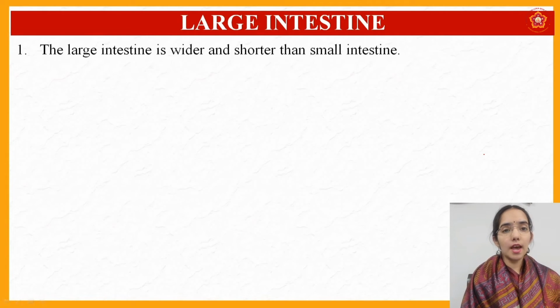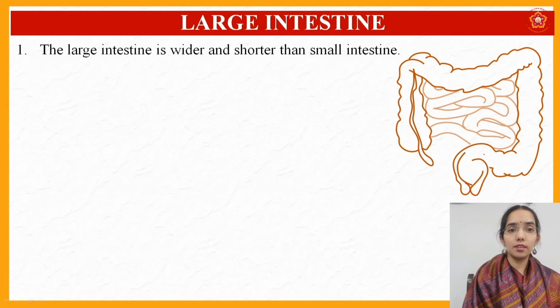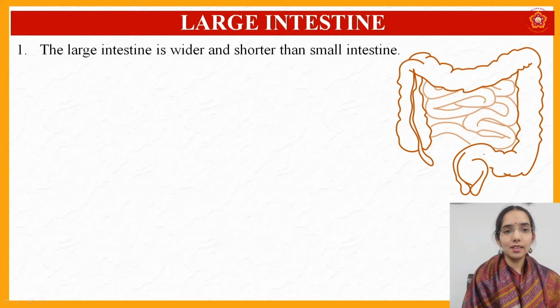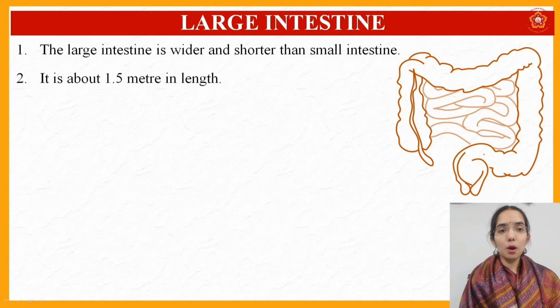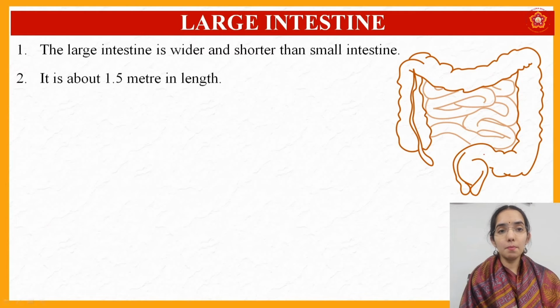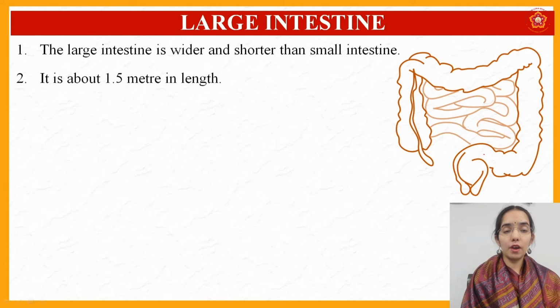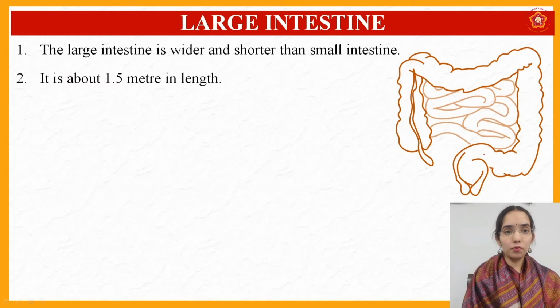The large intestine is wider and shorter than small intestine, as you can see in this diagram. It is about 1.5 meters in length. And do you remember how long was small intestine? It was 7.5 meters long, while the large intestine is 1.5 meters long.